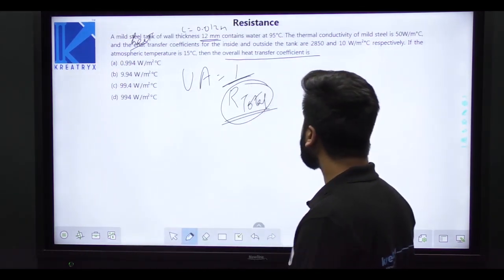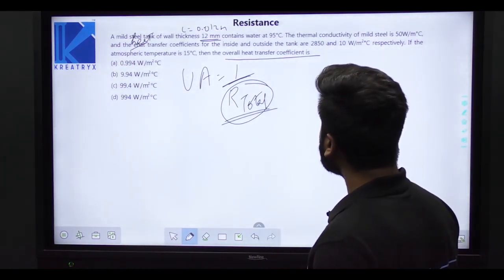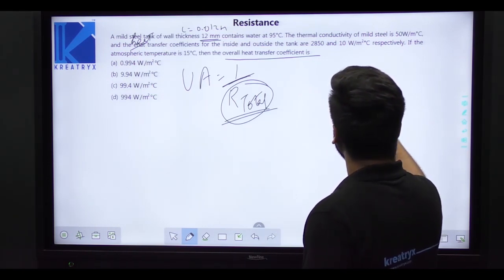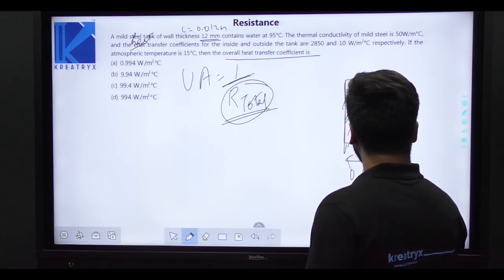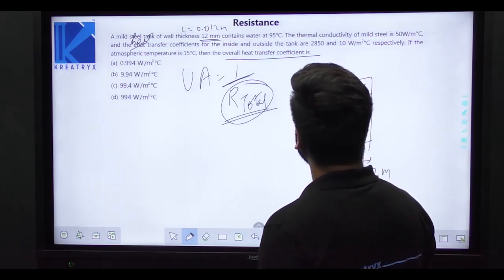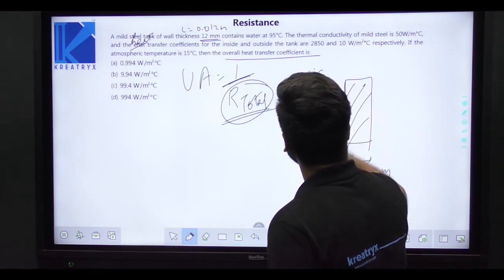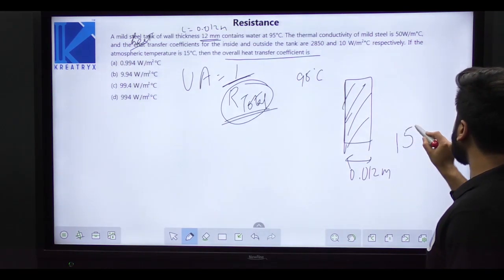So this is the wall. The thickness is 0.012 meter. The temperature of water is 95 degrees Celsius, and the atmospheric temperature is 15 degrees Celsius.